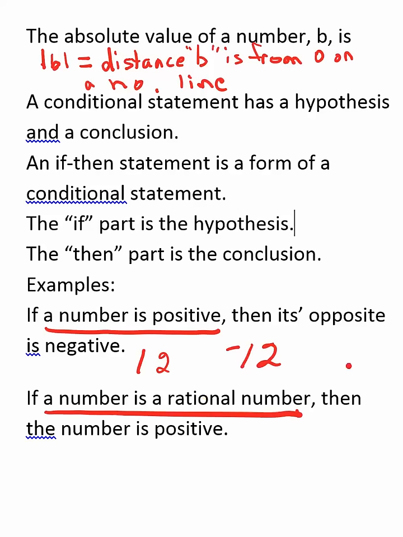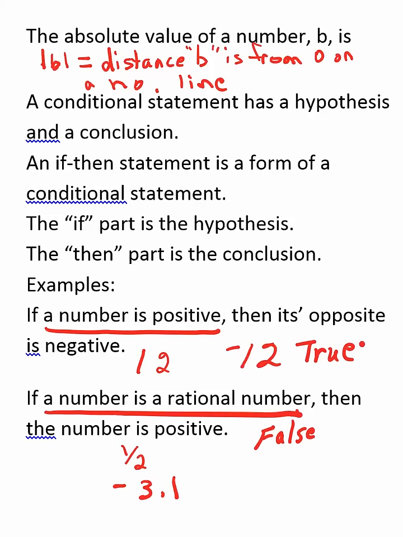So I could pick the number 1/2, and certainly it is positive, but I could have just as well selected the number negative 3.1, and it is negative, not positive. And so this conditional statement would be false. This one, of course, was true.